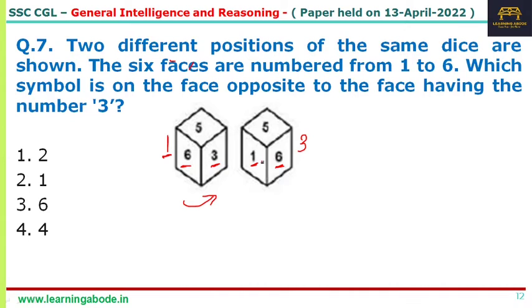So 1 is in the front, 3 will be in the back, or in the first position 1 is on the left, 3 is on the right. The question is which face is opposite to 3? 1 is opposite to 3. So answer option 2. The answer for question number 7 is 1, that is answer option 2.